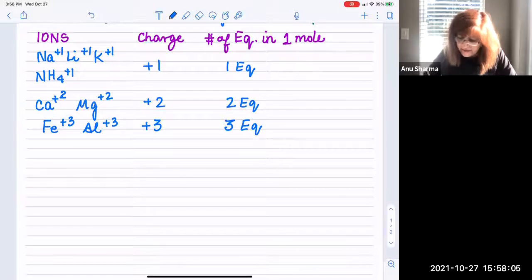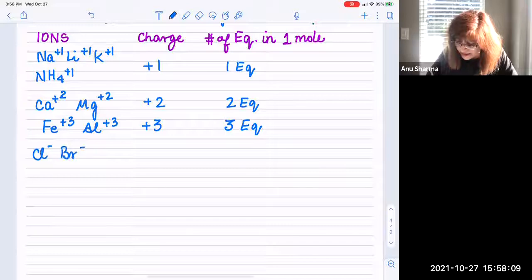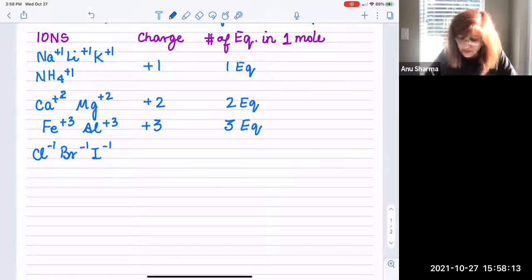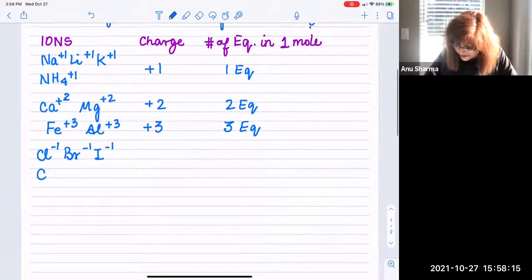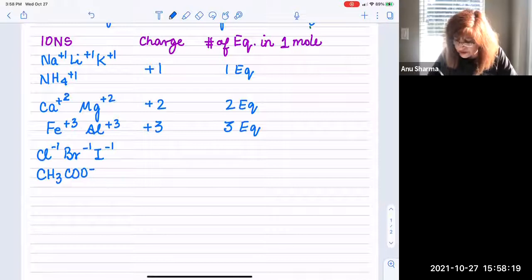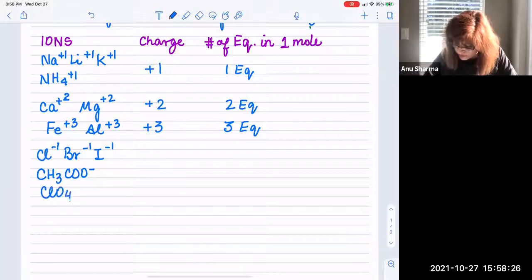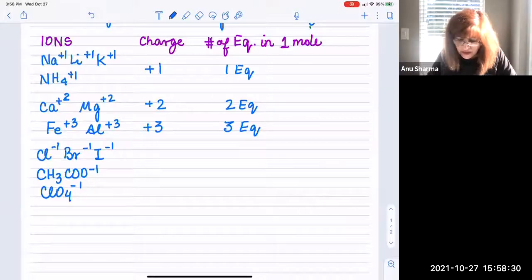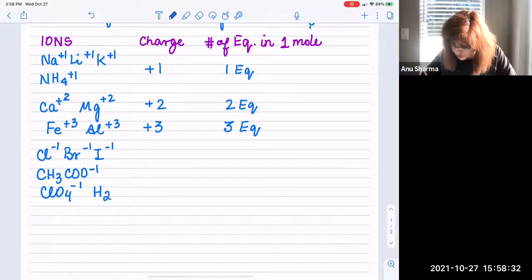On the other hand, if you have the negative charges, such as chloride, bromide, iodide, all -1 charges. Other ones are, for example, acetate, CH3COO, -1 charge, or ClO4, -1 charge, or H2PO4, -1 charge.